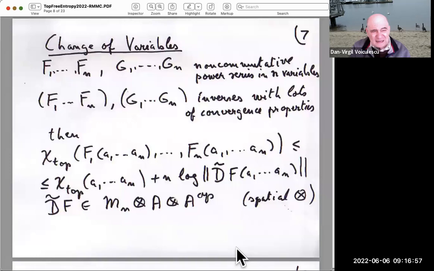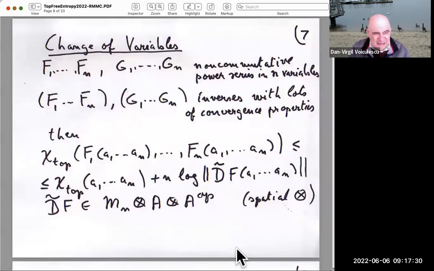And then the topological free entropy after the change of variables. So instead of A1, ..., AN, I'm putting F1 of A1, ..., AN up to Fn of A1, ..., AN. It is bounded by the topological free entropy of A1, ..., AN plus n times the logarithm of the norm of the differential of the Jacobian of the coordinate change.